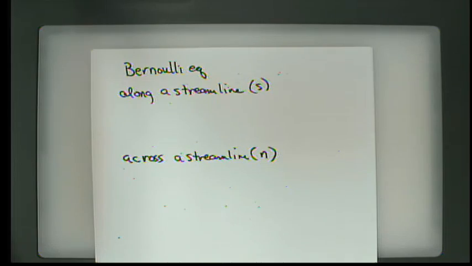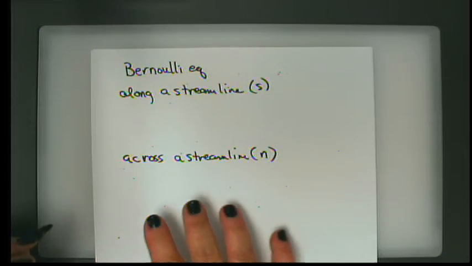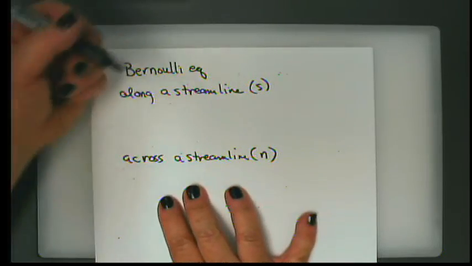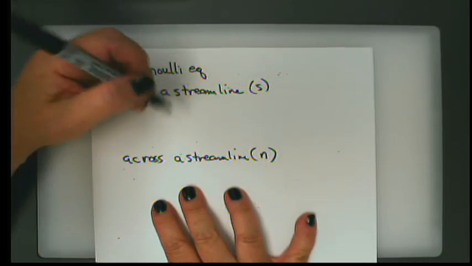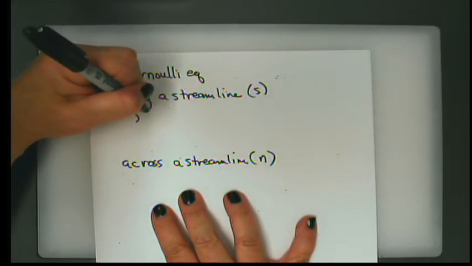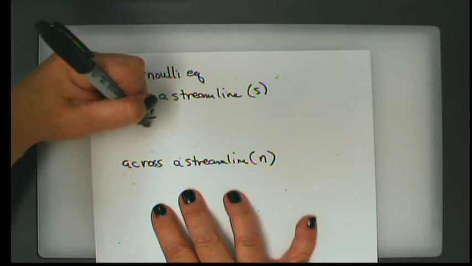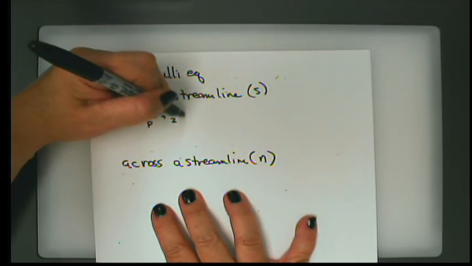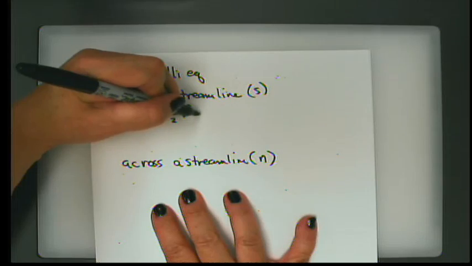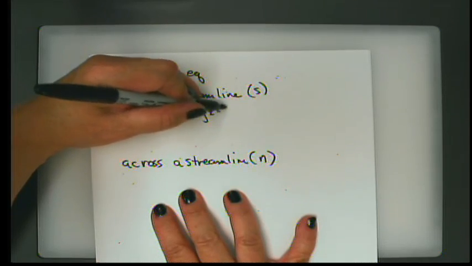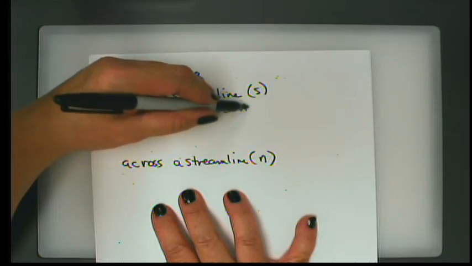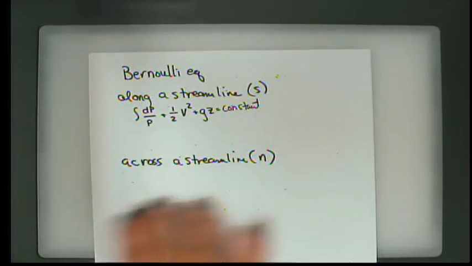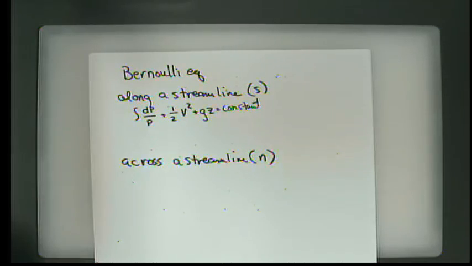Now, if we go back and take a look, there is a form of the Bernoulli equation along the streamline that's written like this: the integral of dp over rho plus 1/2 v squared plus g times z is equal to a constant. I'll come back to that in just a minute with the implications and a simplifying assumption.